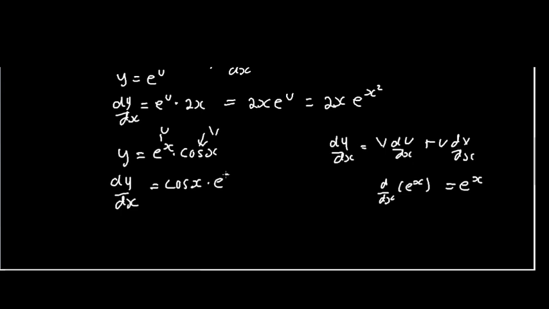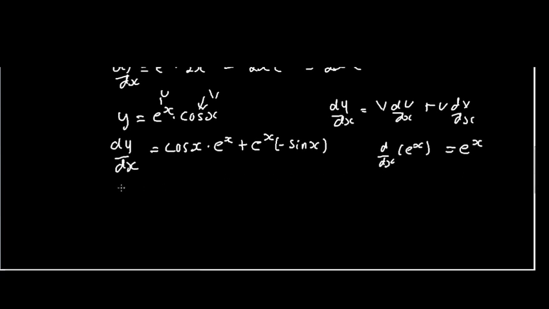So cos x times e^x, plus u, which is e^x, times dv/dx. We know that when you differentiate cos x, we get negative sine x. So let's proceed. We have dy/dx equal to e^x cos x minus e^x sine x.